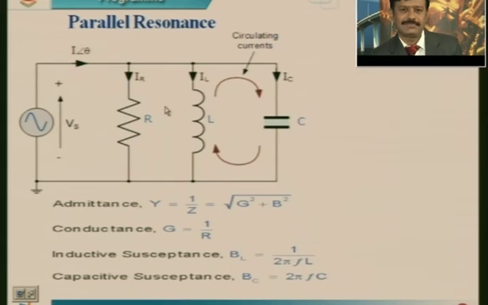Inductive susceptance is the reciprocal of inductive reactance, so 1 by XL, which is 1 by 2 pi FL. Similarly, capacitive susceptance BC is equal to 1 by XC, which is 2 pi FC.